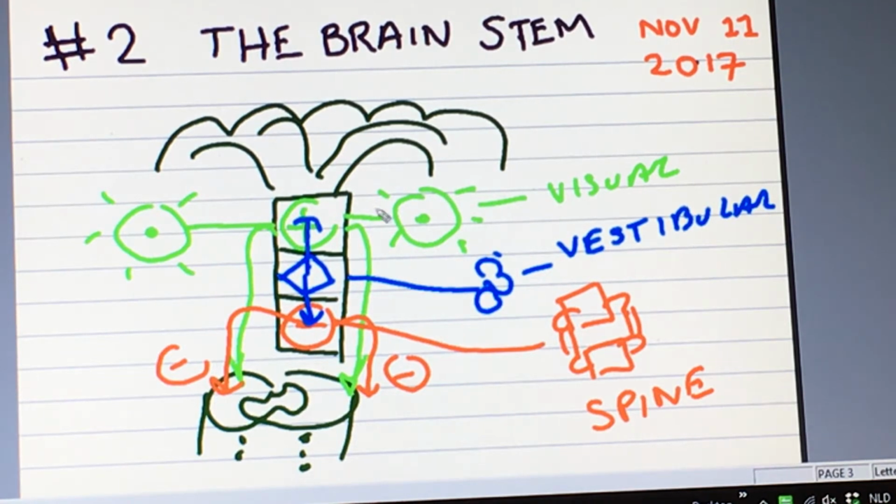So by making an analysis of the visual areas, the spinal areas and the vestibular areas, and looking at the integration of this, we'll show you ways how you can identify if there's any difference between the left side function and the right side function.